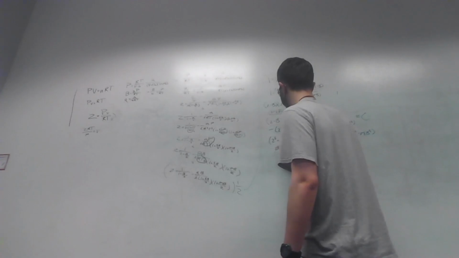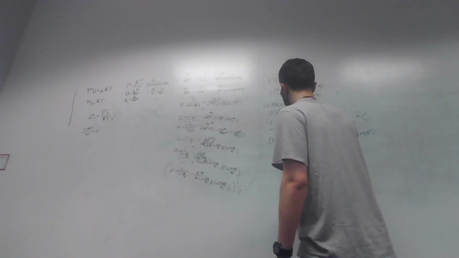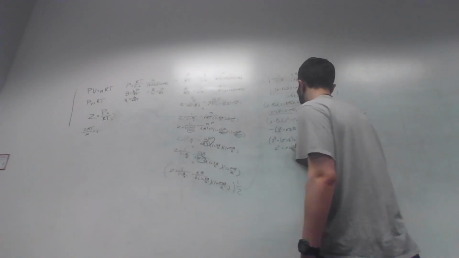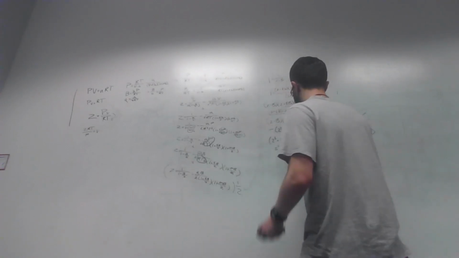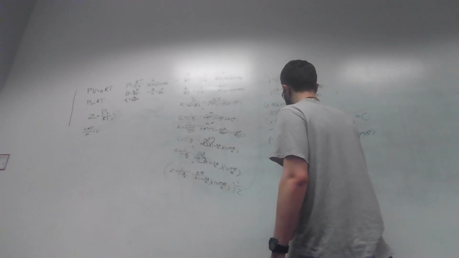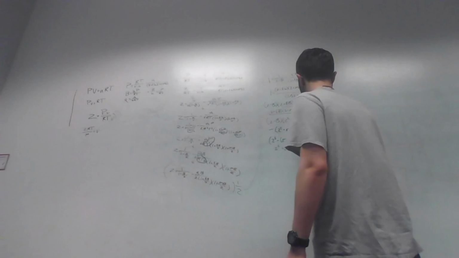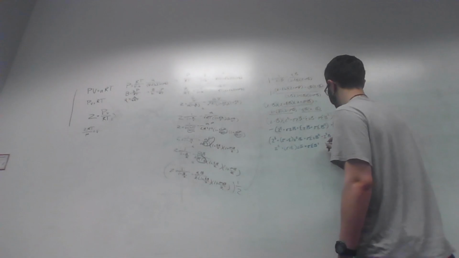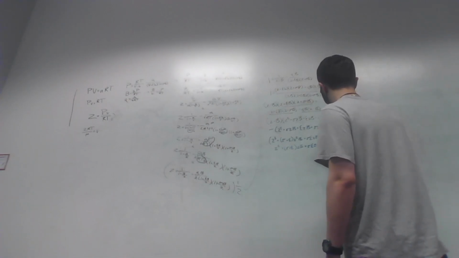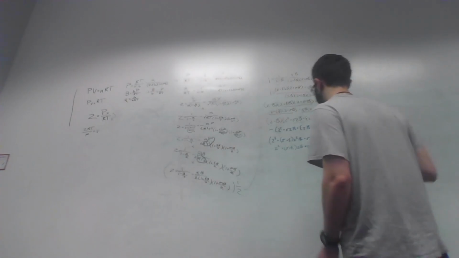Minus z squared plus omega times z times beta plus, and again I'm going to factor these, omega plus epsilon times compressibility times beta plus omega times epsilon beta squared plus z times q times beta minus q times beta squared.